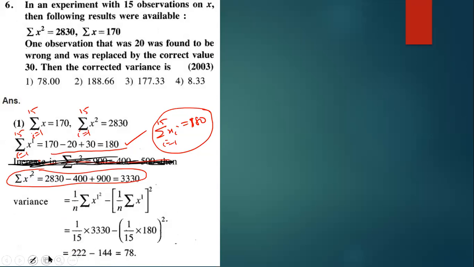Now see the case carefully. For the variance formula, x dash means the new observations. So this is the formula; apply that and that is the answer.